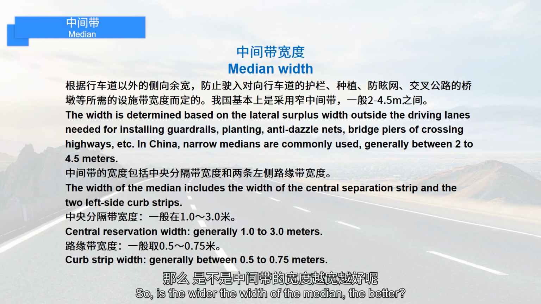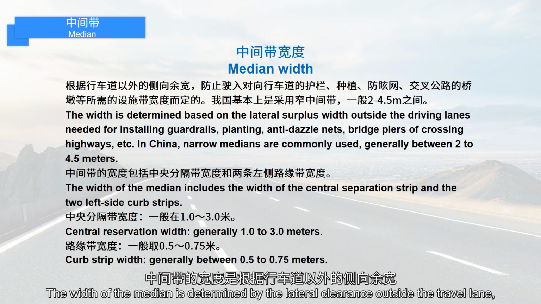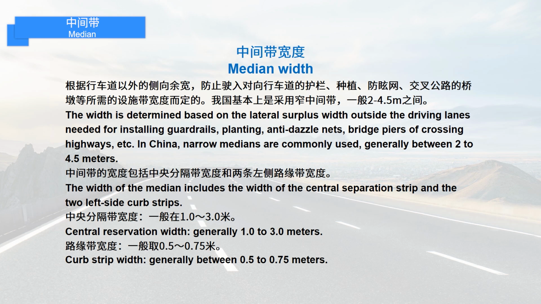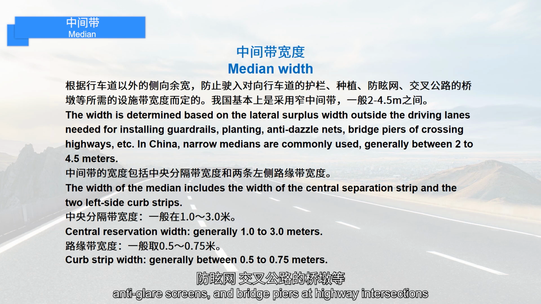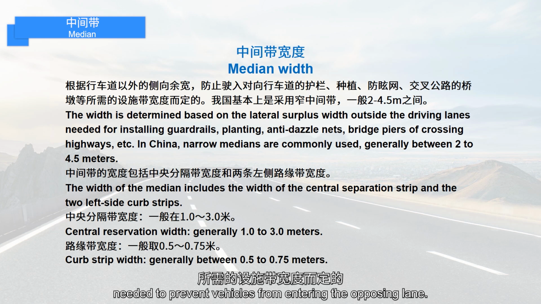So, is the wider the width of the median, the better? The width of the median is determined by the lateral clearance outside the travel lane, and the width of facilities such as guardrails, plants, anti-glare screens, and bridge piers at highway intersections needed to prevent vehicles from entering the opposing lane.